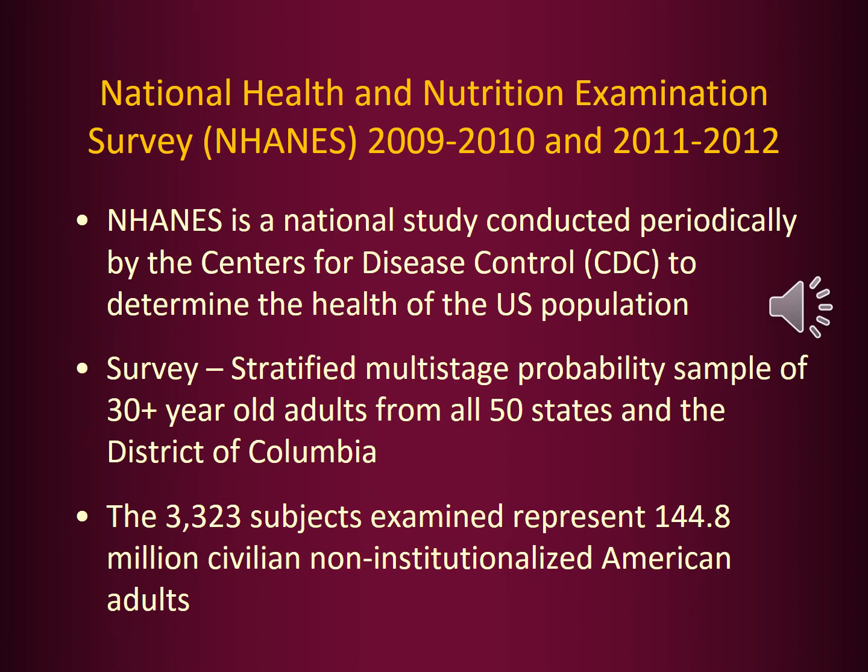Every few years, the health of the population in the United States is evaluated by the Centers for Disease Control. In this particular case, the survey is a multi-sample, multi-state locality probability survey, which includes individuals who are 30 plus years of age from all 50 states and the District of Columbia.